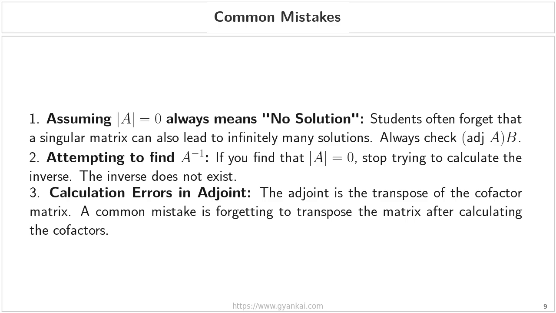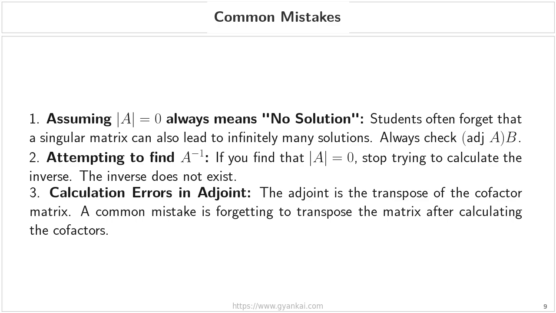Third, pay close attention to your work when calculating the adjoint. A very common error is calculating the matrix of cofactors correctly, but then forgetting to take the transpose. Remember, the adjoint is specifically the transpose of the cofactor matrix.